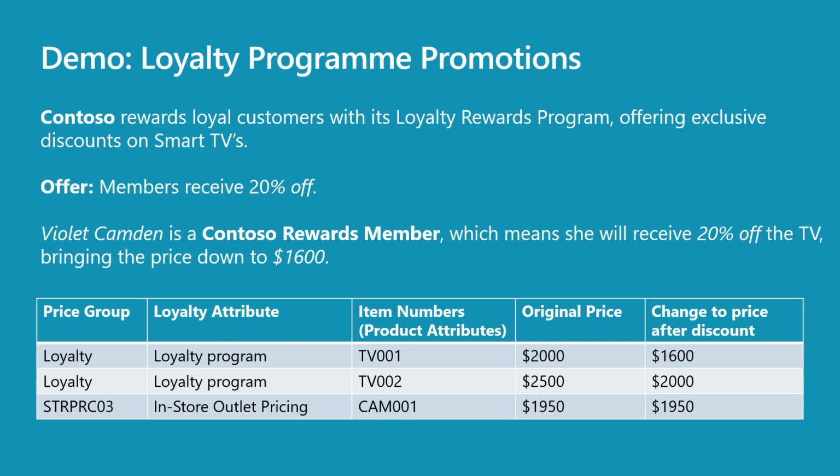That brings the price down for the first item from $2,000 to $1,600, and for the second item from $2,500 to $2,000. And the third item, she will not have any discount as this item is not included in the loyalty program promotions.